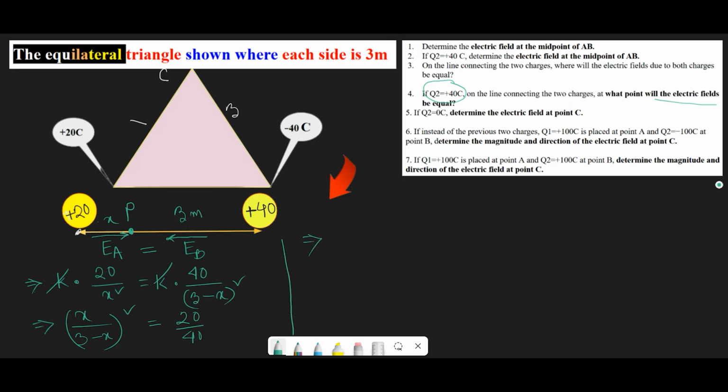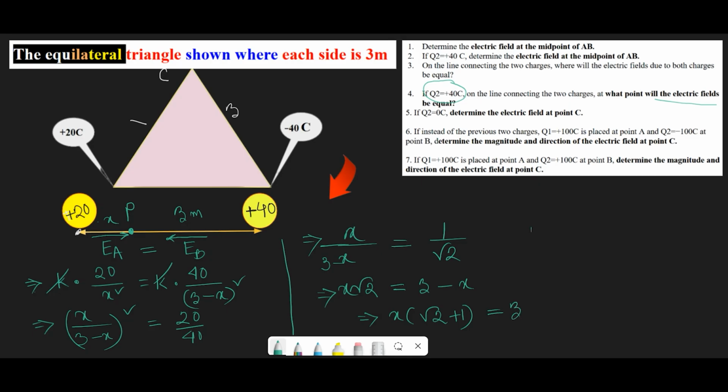So we could write x over 3 minus x equals 1 over root 2, or root 2 x equals 3 minus x. So x equals 3 over root 2 plus 1.